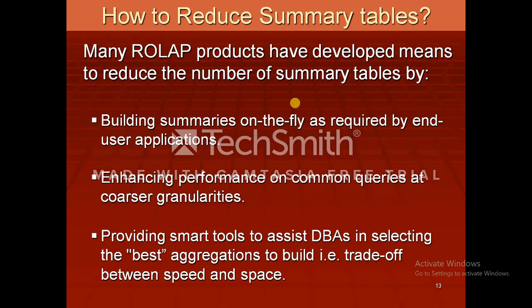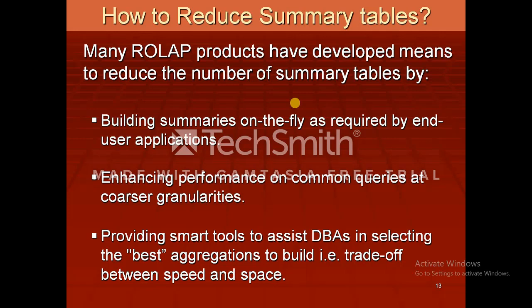So based upon our previous discussions, the whole point is that the number of summary tables increases with an increasing number of dimensions, and some of the summary tables are not used in our data analysis. So how can we reduce summary tables?